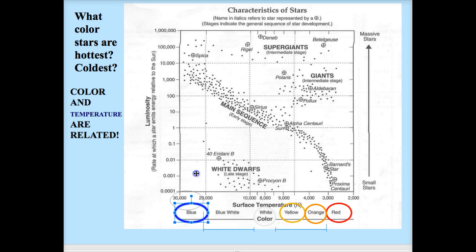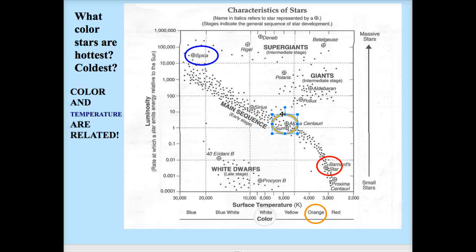So we can go over here and see that the star Spica is going to be a very hot and blue star. Whereas we go over here, we can see that Barnard's star is going to be a much cooler red star. And our Sun and a star called Alpha Centauri are going to be a more medium temperature star with a yellow color.